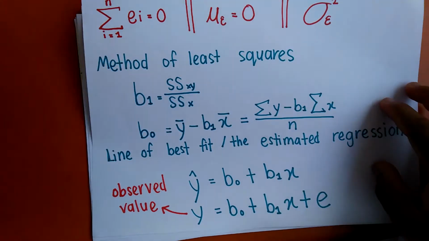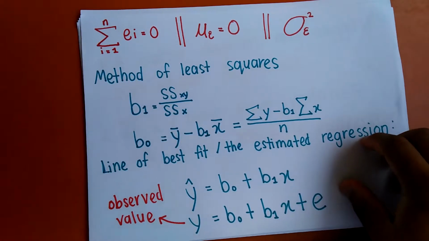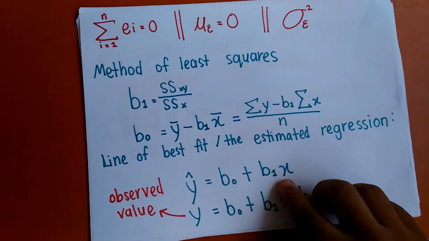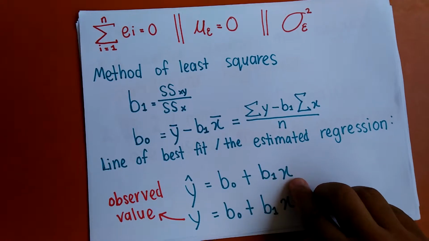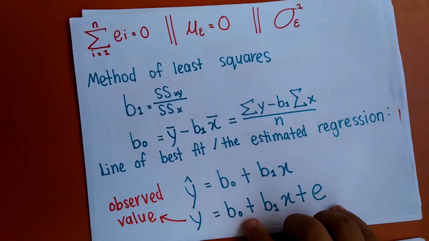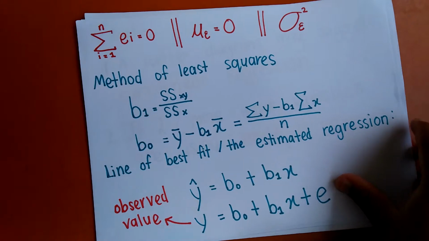So, the line of best fit or the estimated regression is defined as y hat equals b0 plus b1 multiplied by x, or observed value y is equal to b0 plus b1x plus e.